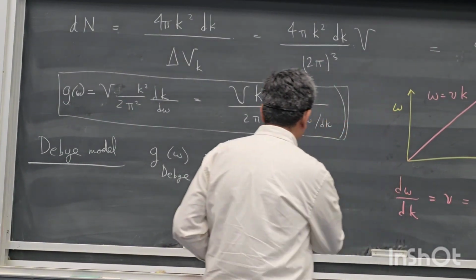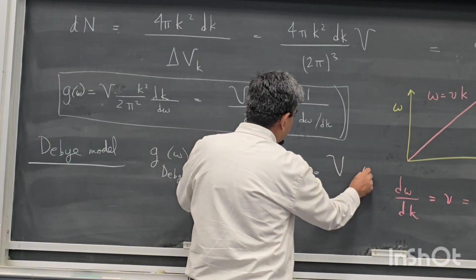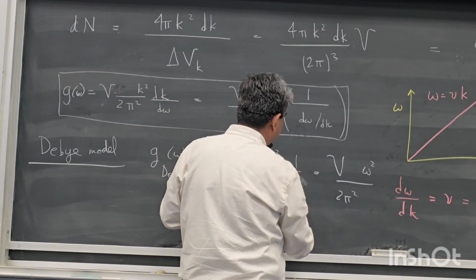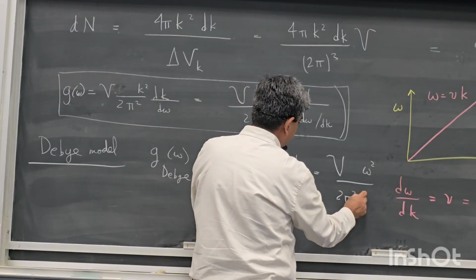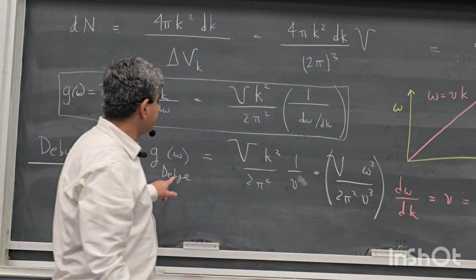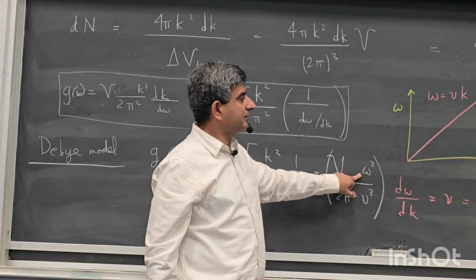This is v, sorry. So this becomes V omega square over 2 pi square. There's already a v, another v square comes in, so this becomes v cube. So this is the density of states in the Debye model, which is now a parabolic function of omega.